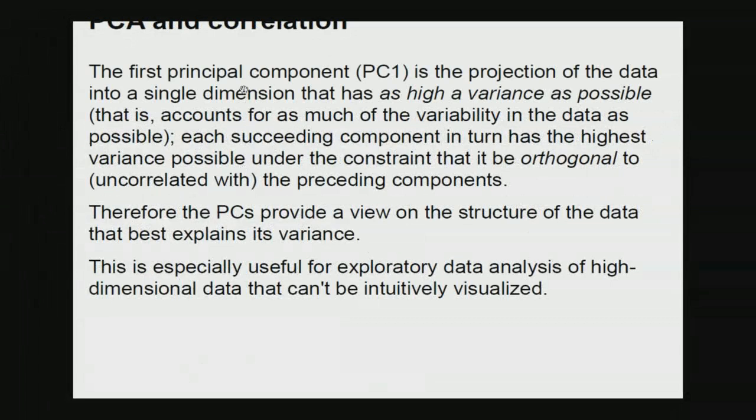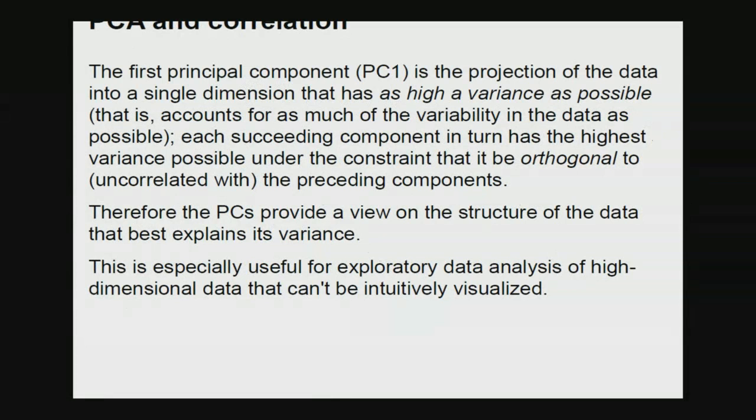So the first principal component is the projection of the data into a single dimension that has as high a variance as possible. That means it accounts for as much of the variability in the data as possible. So PCA is basically a decomposition of your data based on variance.